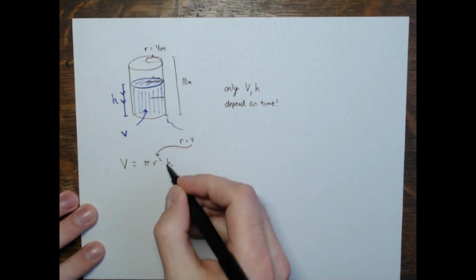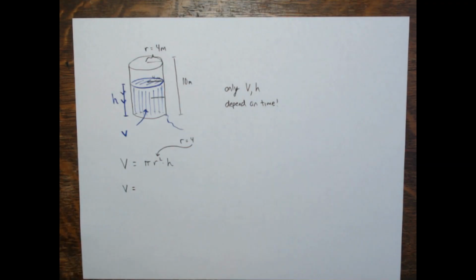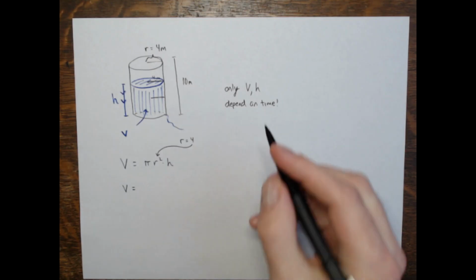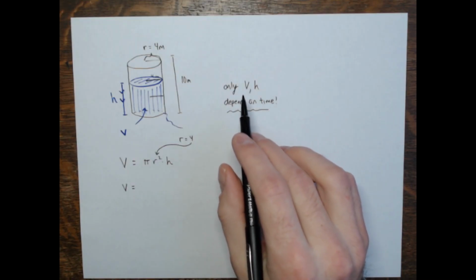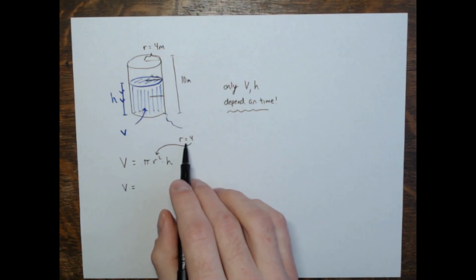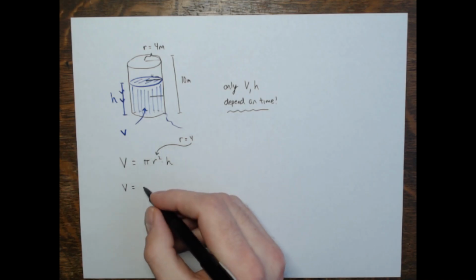In all these related rates problems, I'm really only concerned with the quantities that actually change with time, that are functions of time. Radius does not change, so that's a constant. I can put that in.